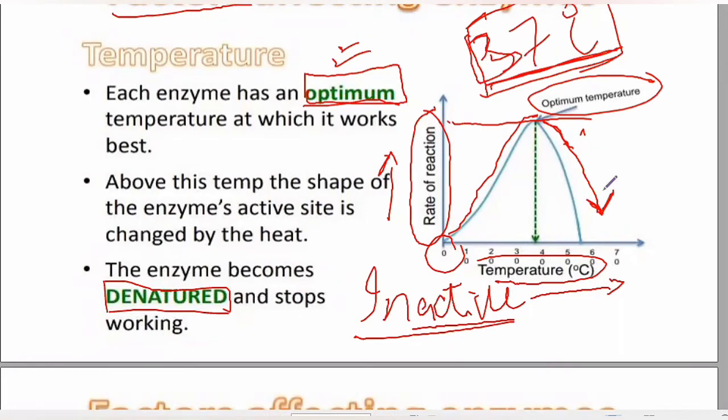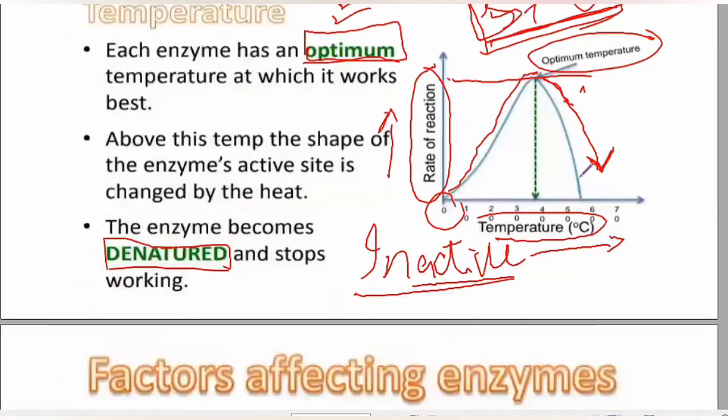So the enzyme is said to be denatured, and the reaction rate slows down. After optimum temperature, you have to remember that the enzyme is denatured. Denatured means that they are permanently destroyed.